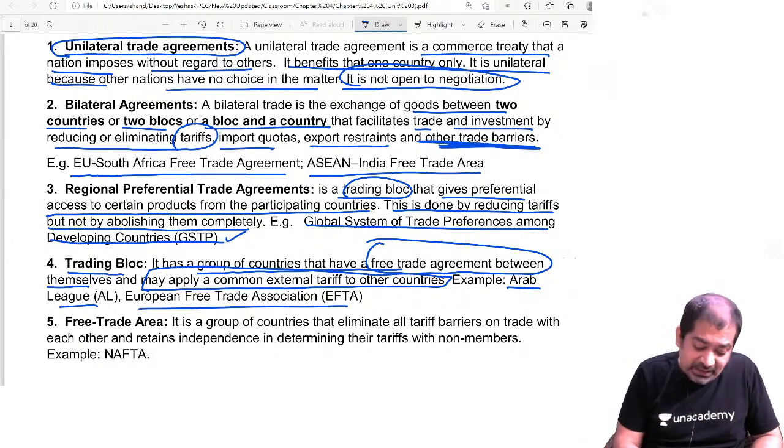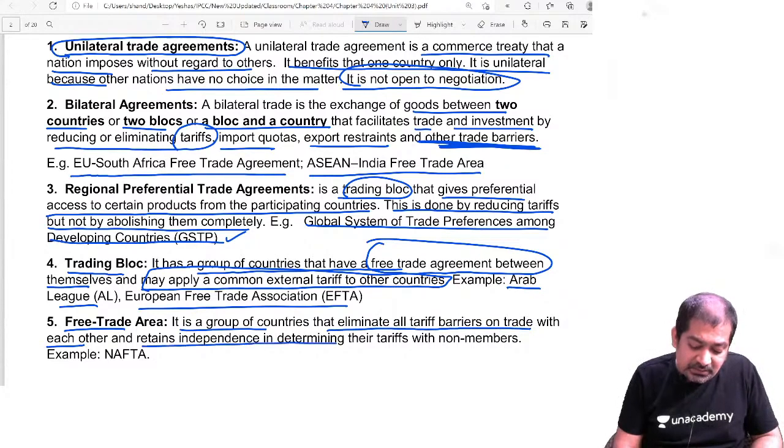Then we have the Free Trade Area. It is a group of countries that eliminate all tariff barriers on trade with each other and retain independence in determining trade. It means barriers they are reducing. So what is the difference between a trading bloc and a free trade area?